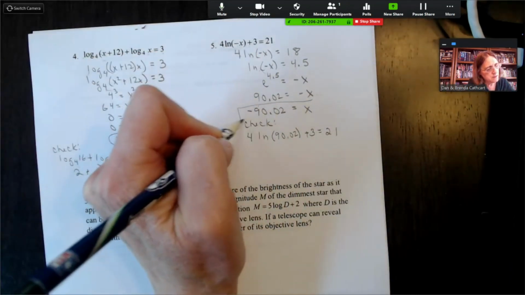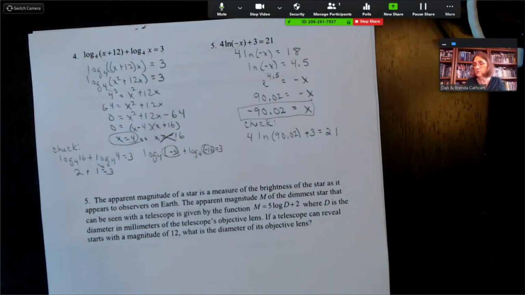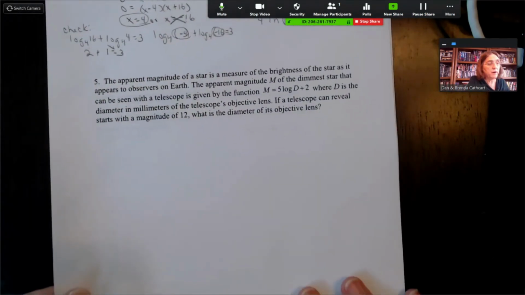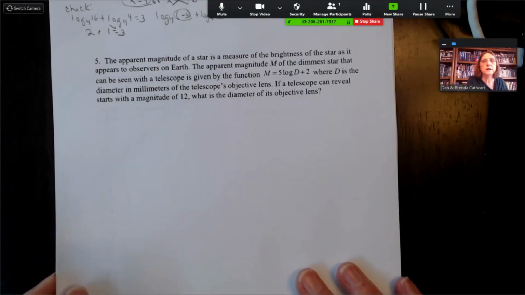X is negative 90.02. Okay, here's an application of solving logarithm equations. In this case, we have the apparent magnitude of a star, and it's a measure of the brightness of the star as it appears to observers on Earth.